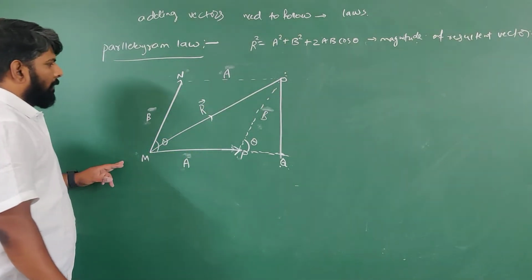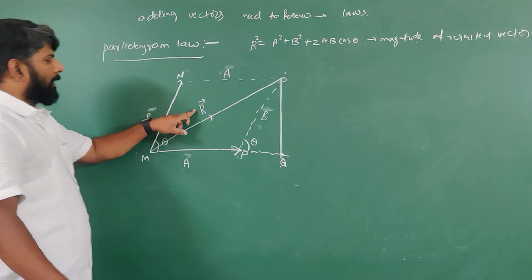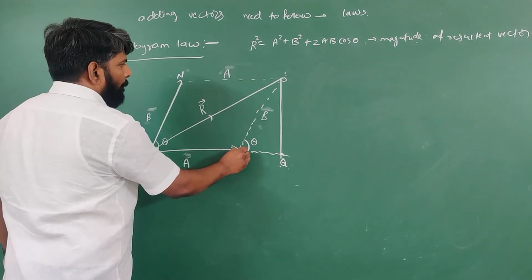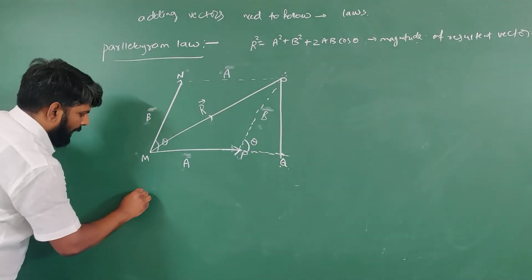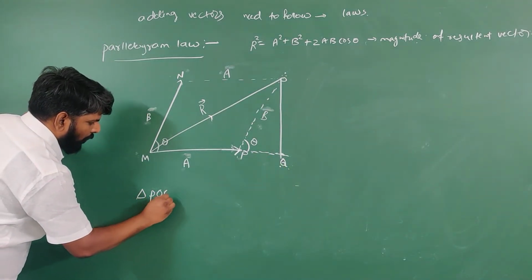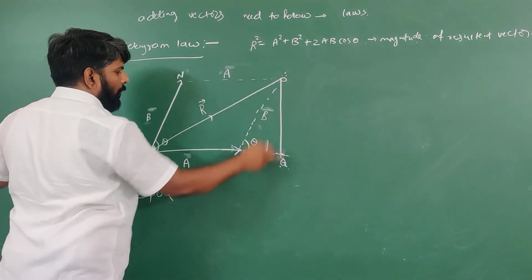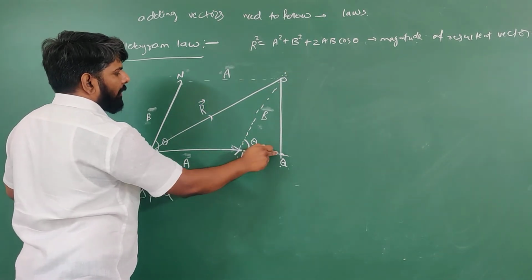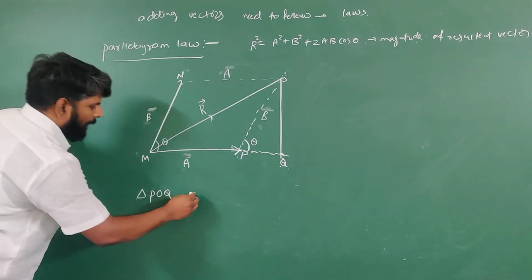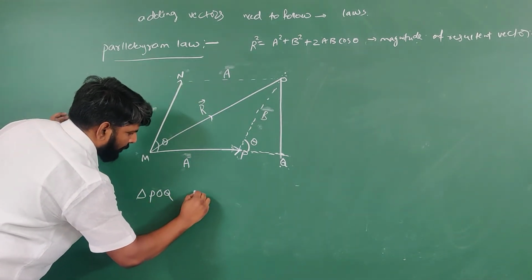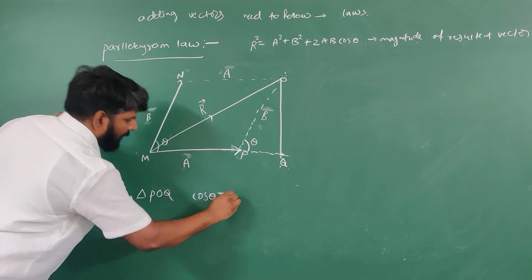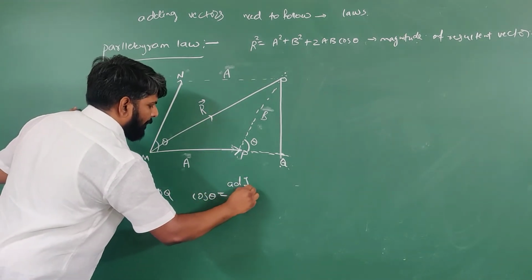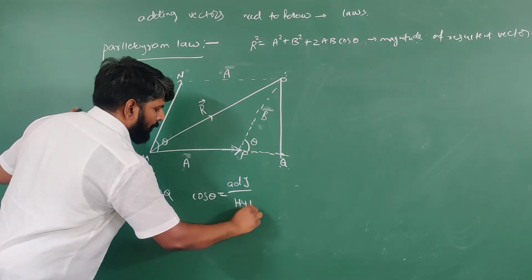So observe here, students. From this, it is very easy to derive the expression for R. Before that, first you observe from the triangle POQ. This is adjacent side and this is opposite side. Tell me the expression for cos theta. Cos theta is equal to, what is the formula generally? Adjacent side by hypotenuse.